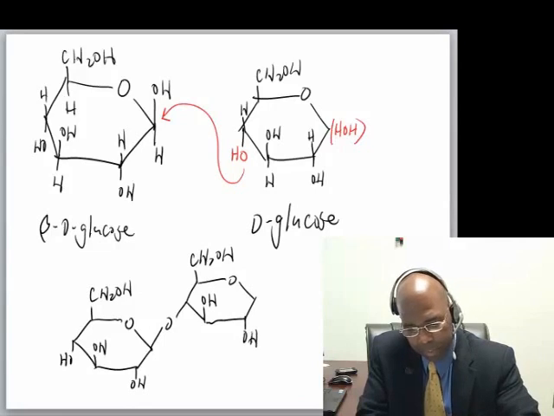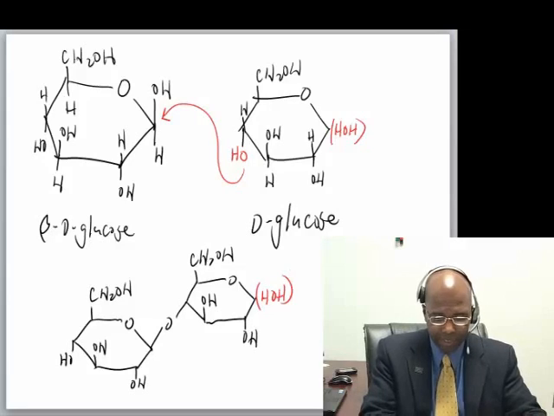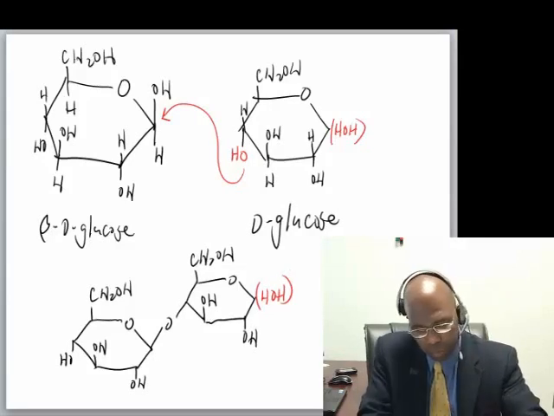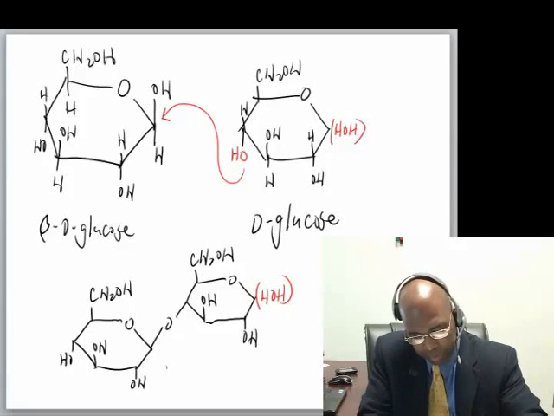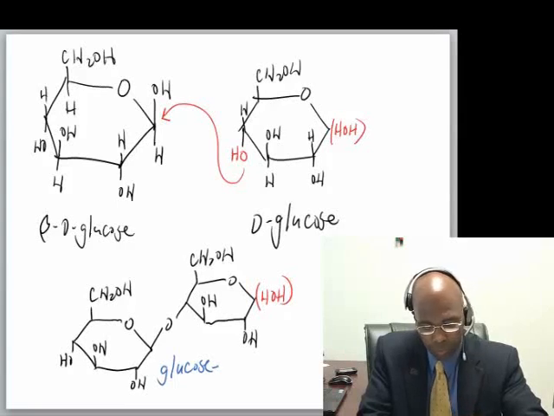And the anomeric carbon, the orientation does not matter. And so when we name this, using our convention here, we'll just call this glucose. I'm going to put it here since I have more space here. Okay, now we've put the name of the first sugar.